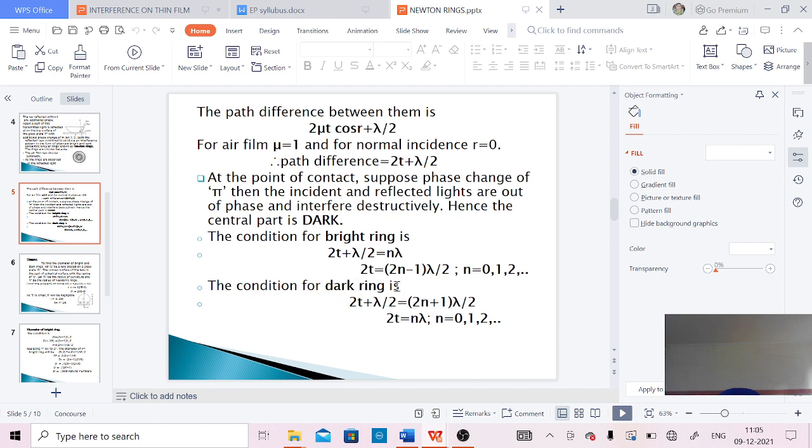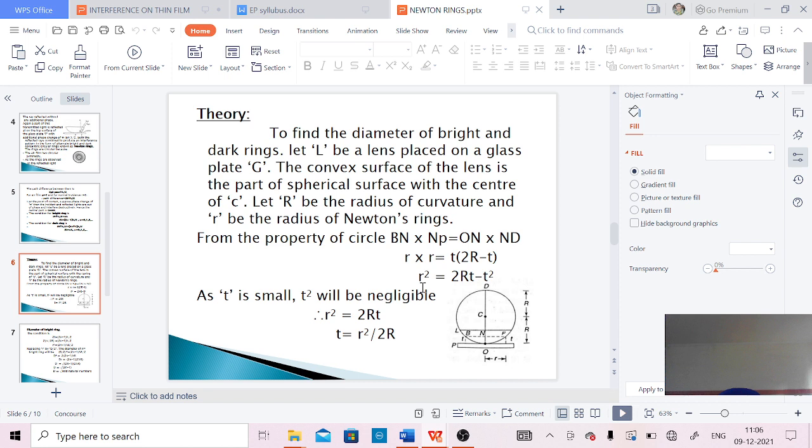Here, instead of 2 mu t cos r we write 2t, because mu equals 1 and r equals 0. These are the conditions for bright and dark rings.